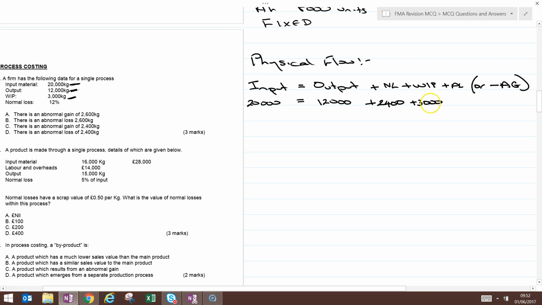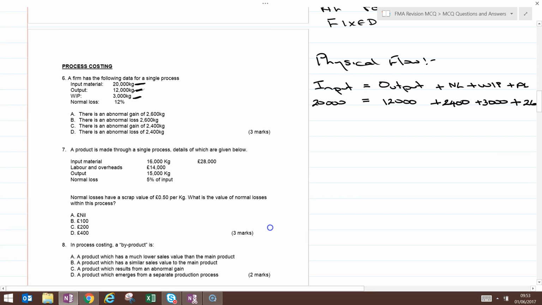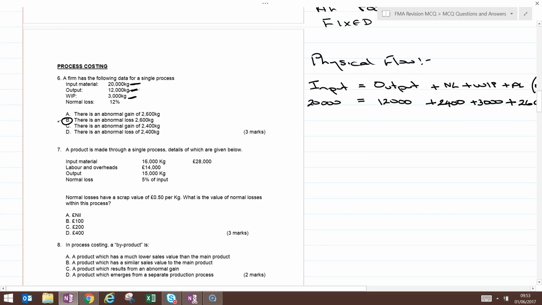So we need to add 2,600 to that to make it equal to 20,000. Because we've added it, it's an abnormal loss. So we've got an abnormal loss of 2,600. If we'd had to take away an amount, it would have been a gain. So the answer to this question, an abnormal loss of 2,600, is answer B.